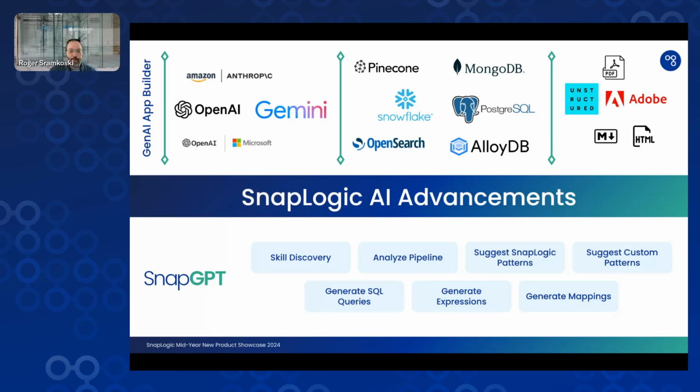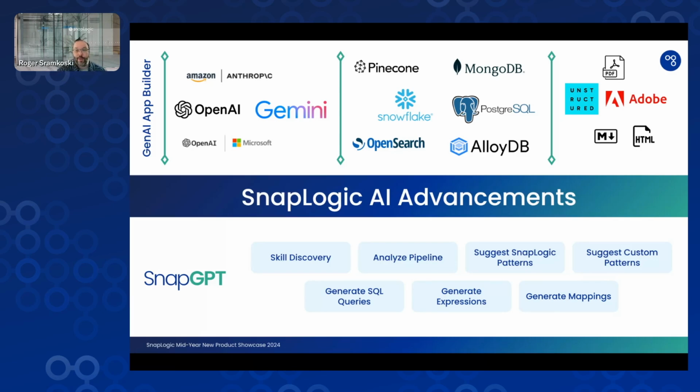Now let's move on to the lower section here for SnapGPT, which is the other side of our AI coin. SnapGPT is our integration co-pilot, and I will show this in just a moment, actually live. We've added skill discovery, which is something I will show, but really comes down to the ability to understand what SnapGPT can do for you inside of SnapGPT, so you don't have to leave it and learn it somewhere else.